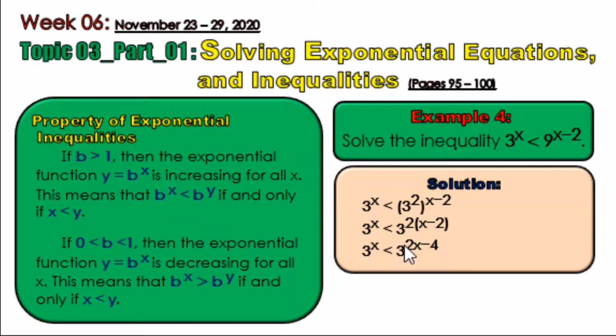So for your exponents, we have x is less than 2x minus 4. If you can observe, our sign of inequality is not reversed. This is less than, and for our two exponents, we are also using the less than sign. It is not reversed because our base is 3, which is greater than 1.